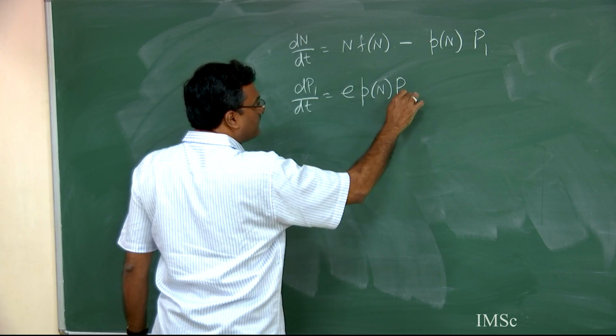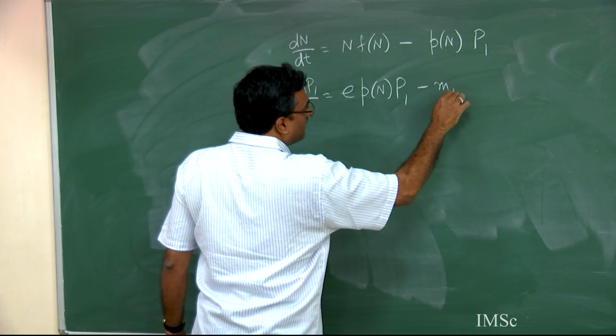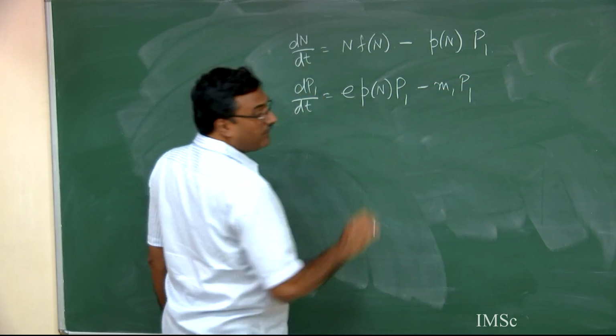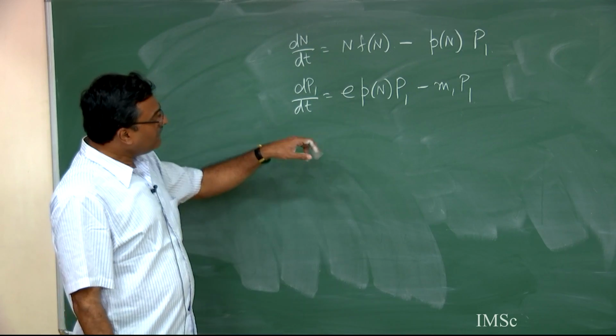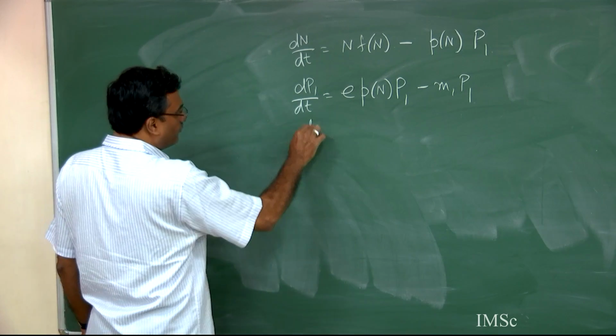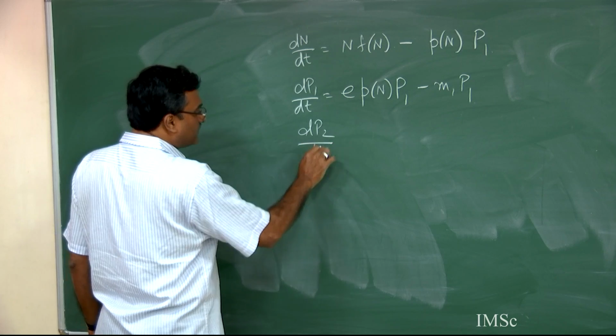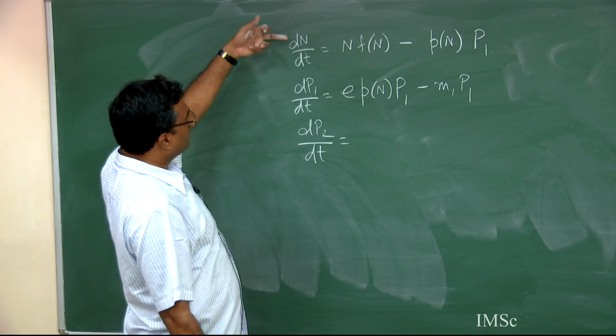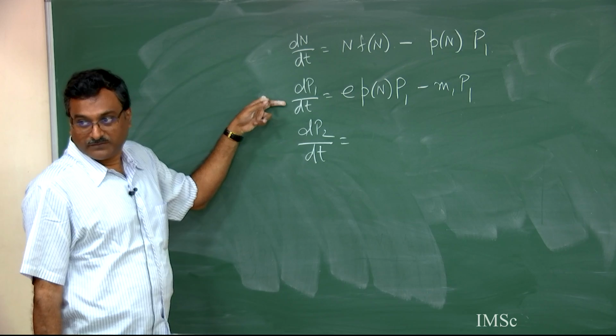this term contributes to the growth of the first predator, that is dP1/dt, which is equal to e times p(N) times P1 minus some m1 P1, and then the second predator P2 survives on both prey and the first predator.